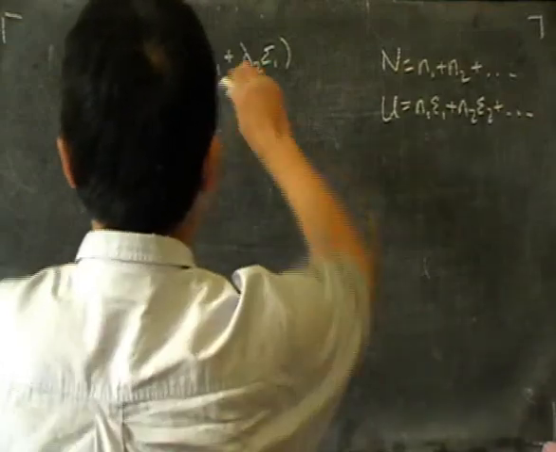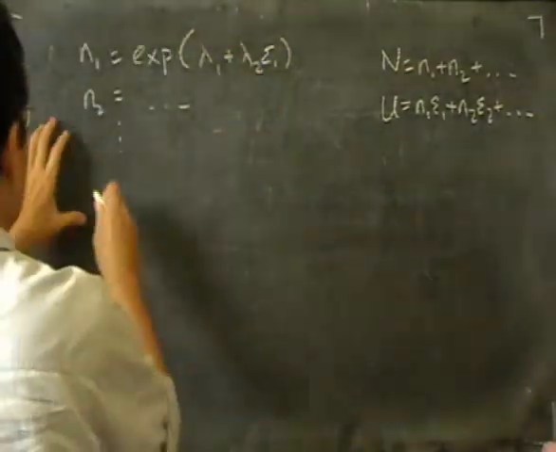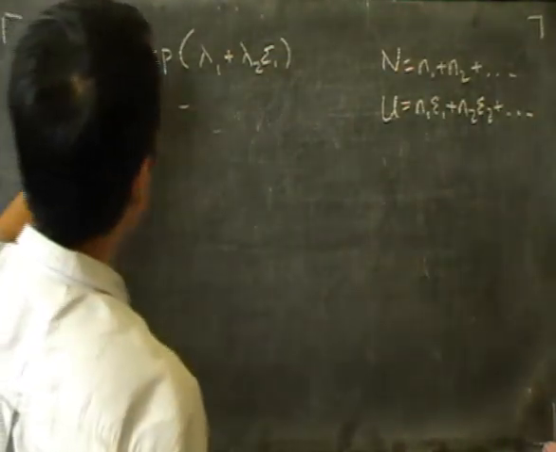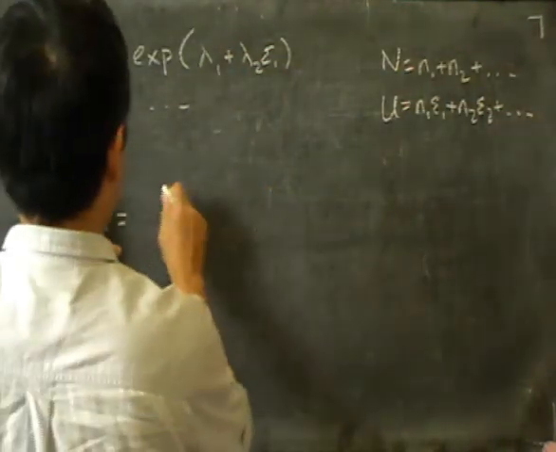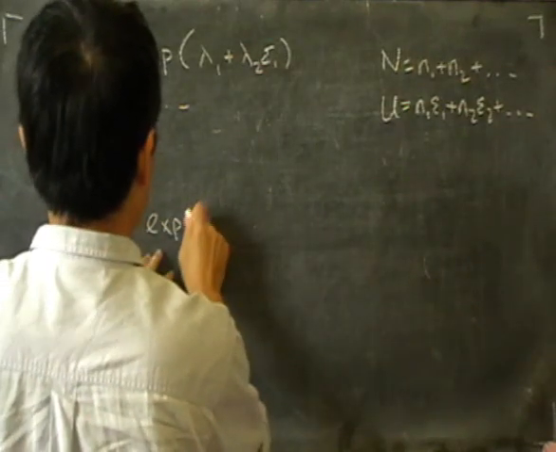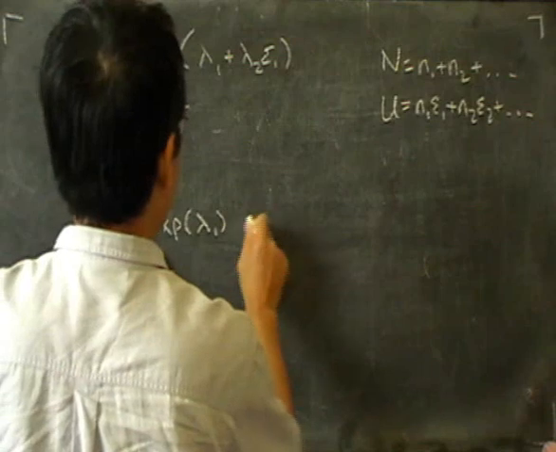To make this expression easier, the next step is to simplify this. Let me separate the exponential function into the two factors.